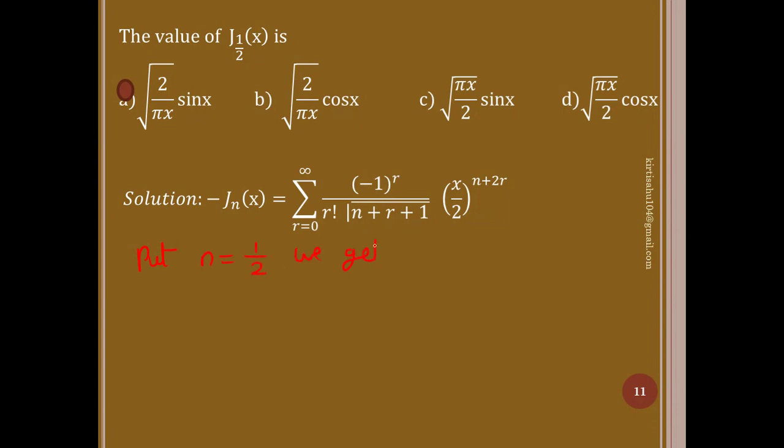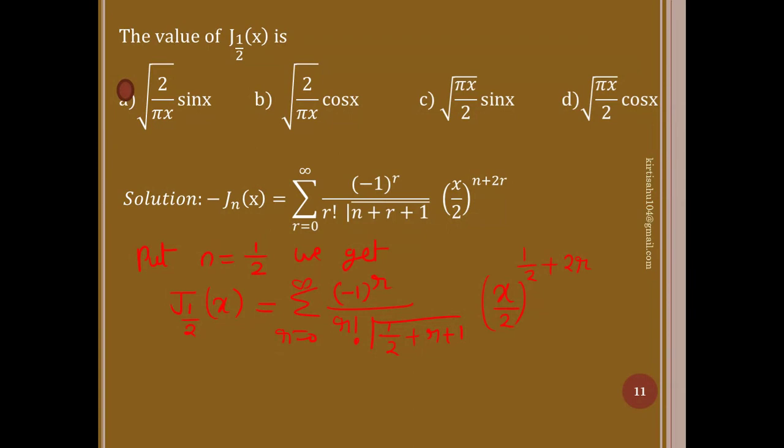We get this as J half of x is equal to summation from r equal to 0, then minus 1 raised to power r upon r factorial, n is half, so gamma of half plus r plus 1 into x by 2 raised to power n is half plus 2r.